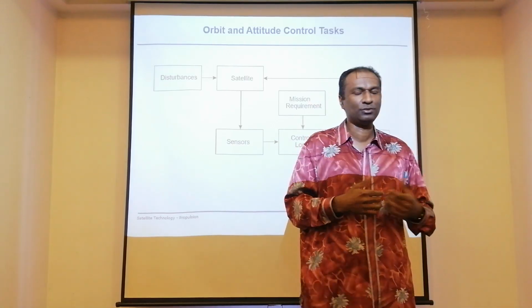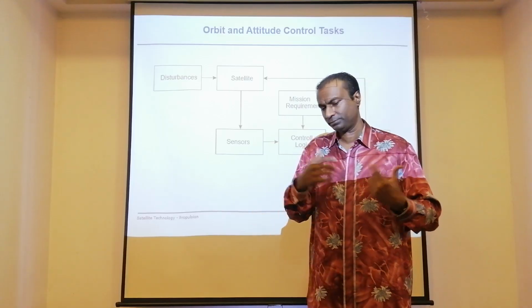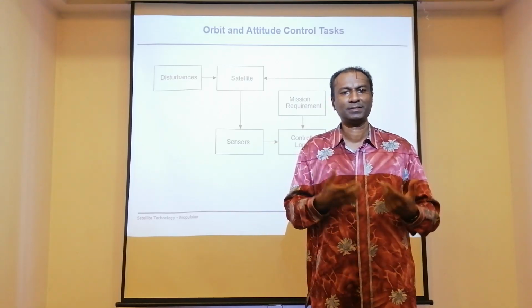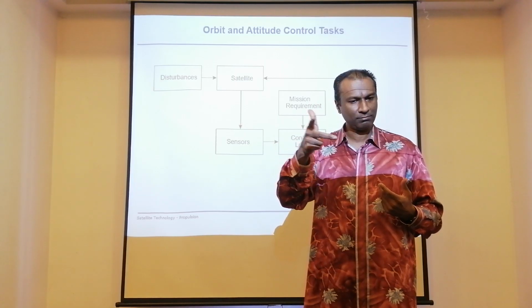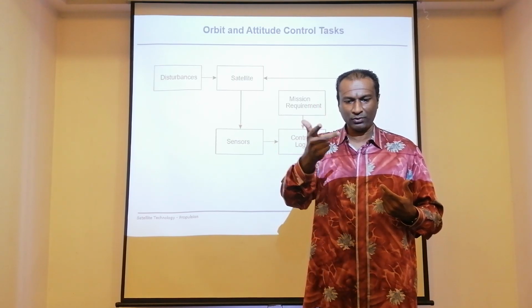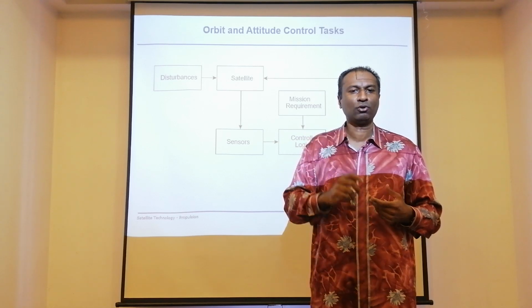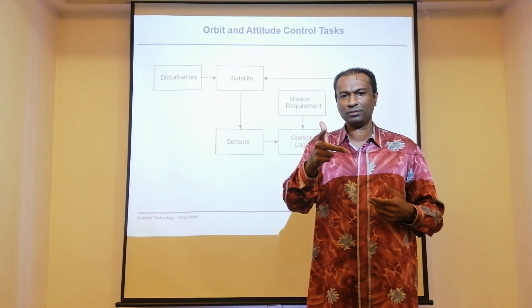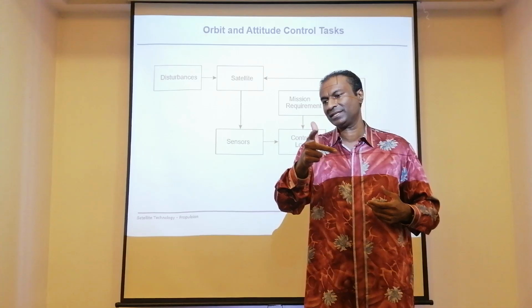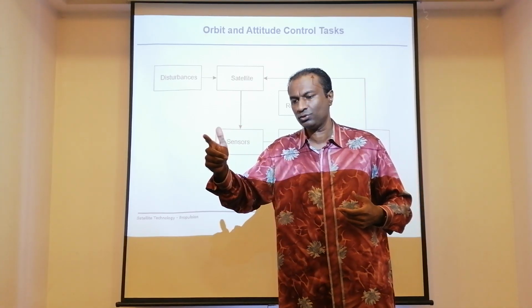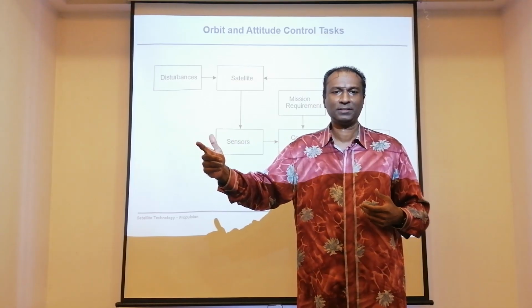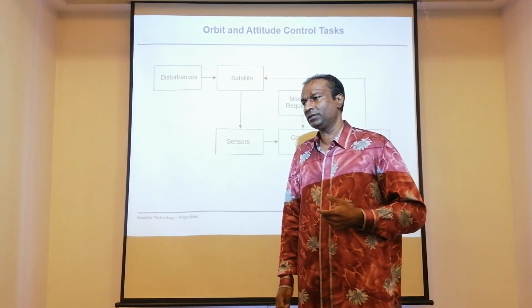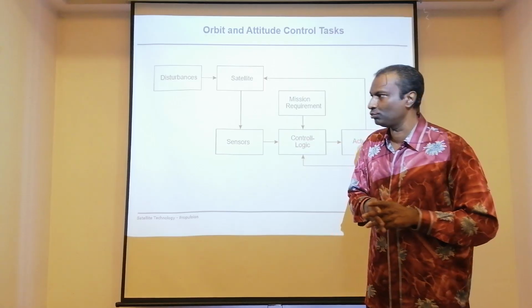If you have three axes, you will rotate along the x-axis, y-axis, and z-axis. You are in the same spot, but you are rotating along the axis. Translational motion is when all those three axes are moved to another point altogether. So we must understand these are the two major motions.